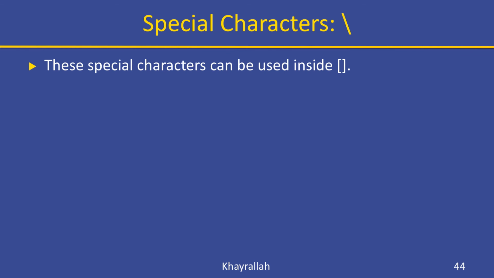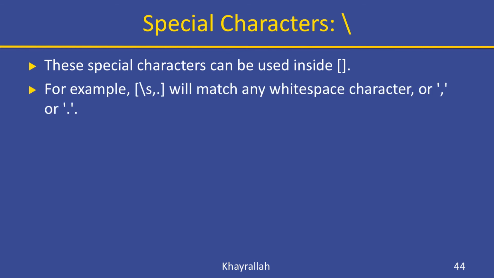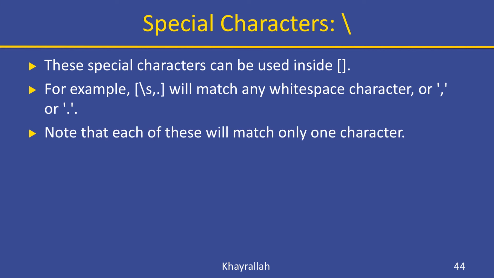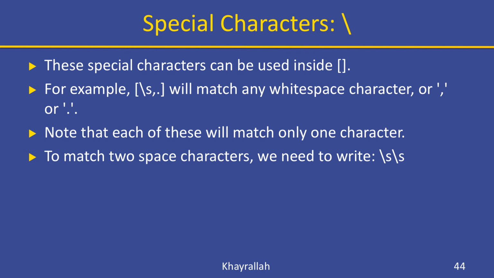So these special characters can be used inside the square brackets, and we can put the backslash lowercase s or a comma or a dot inside square brackets, and this will match any white space character or a comma or a dot. Now each of these of course will match a single character. To match two space characters, we need to write backslash s backslash s.